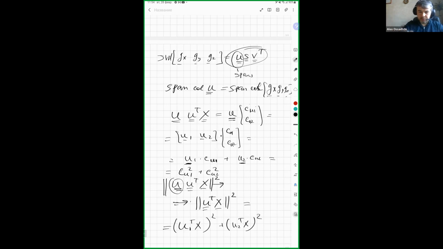This whole thing is equivalent to writing U1 transpose X divided by the length of X multiplied by the length of X, plus U2 transpose X divided by the length of X multiplied by the length of X.